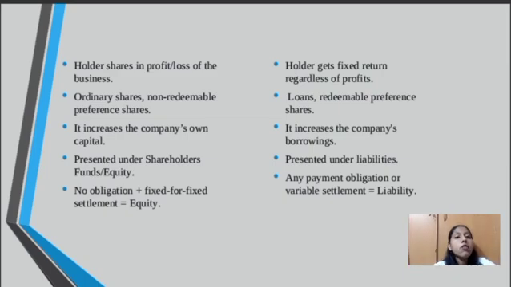Next, under financial liability: any payment obligation or variable settlement equals liability. The company is bound to make the payment in cash, interest, or even through some other form, and it is considered a liability. So the key principle is that obligation equals liability. Thank you.